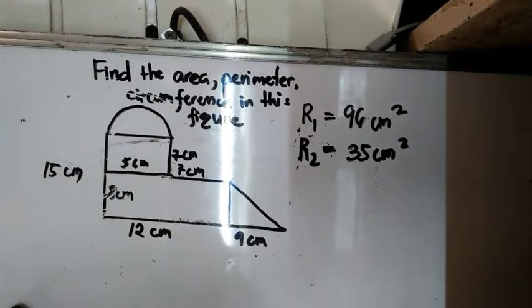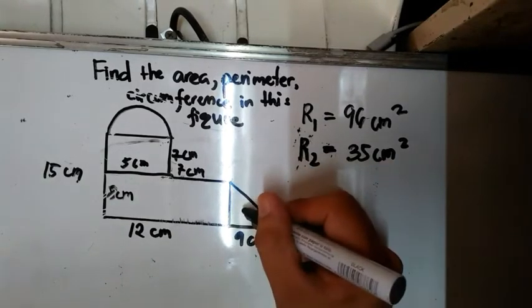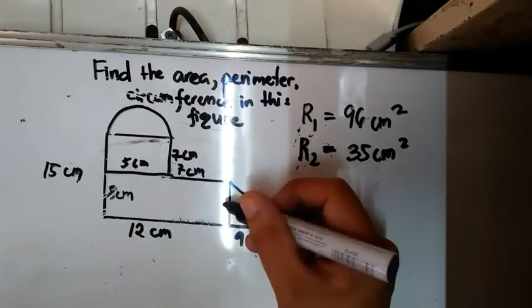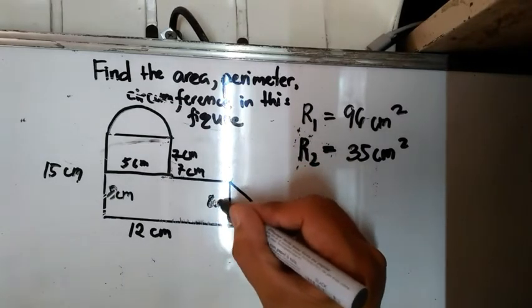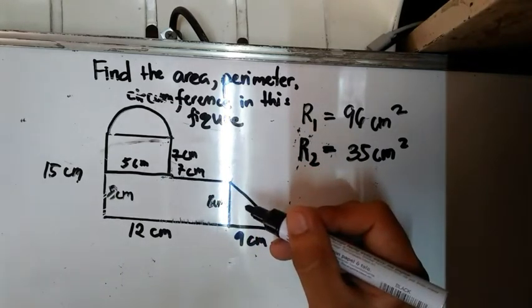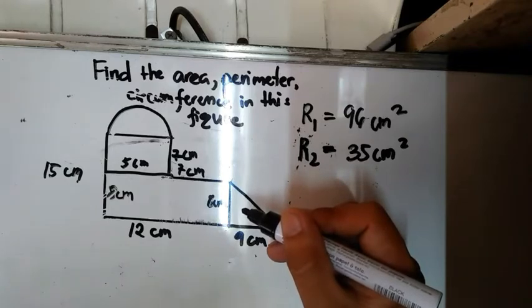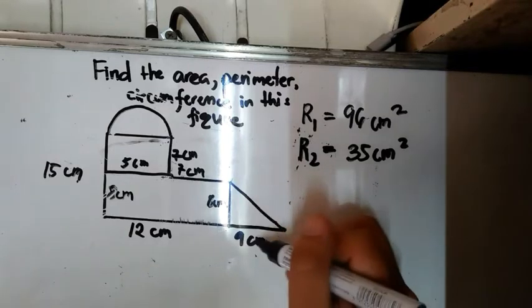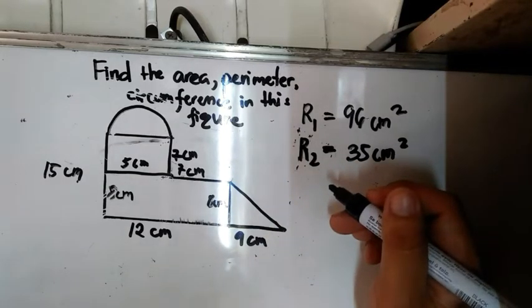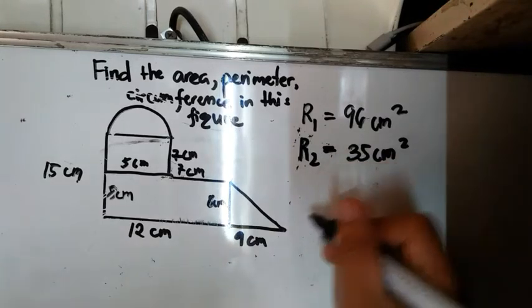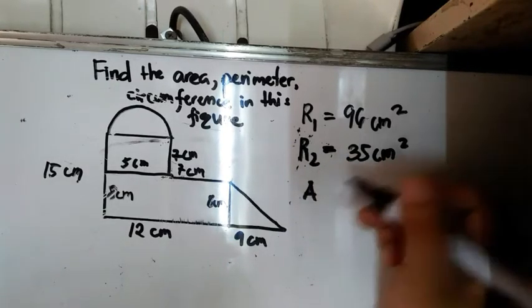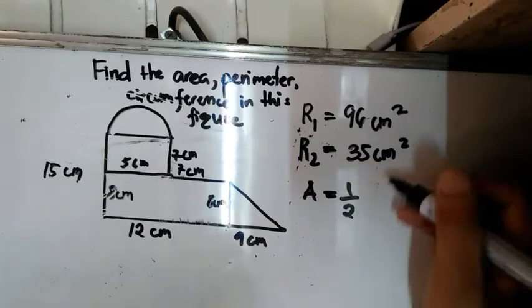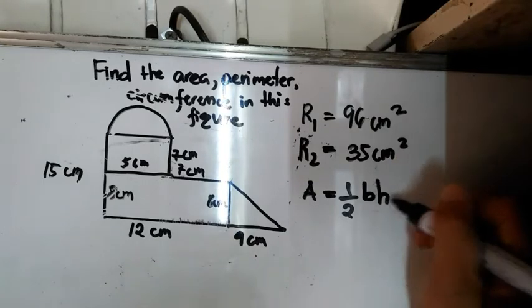And now we find the area of the triangle here. It has a height of, since this section is 8, so therefore this section is 8 centimeter, and the base is 9. The area of the triangle is 1/2 times base times height.